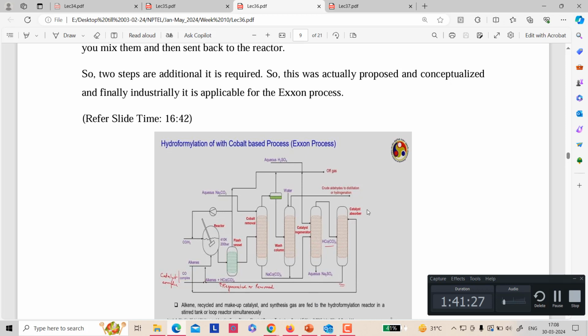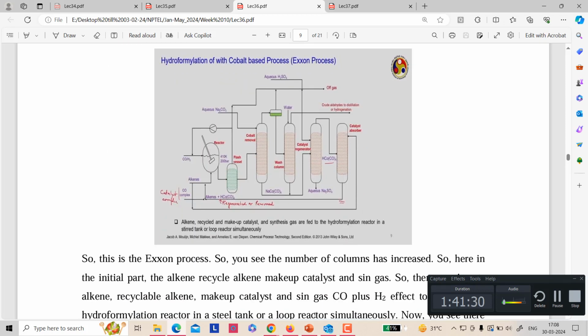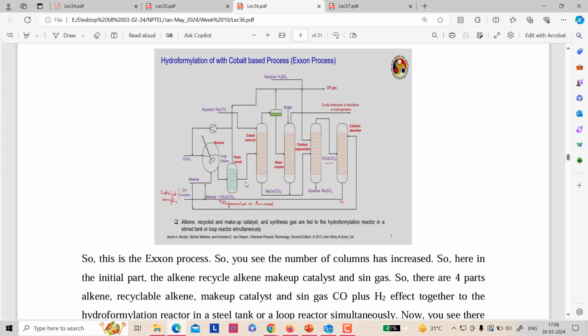So you can see that here alkenes, that is propene, and catalyst complex and syngas are coming to the reactor. Then it goes to the flash vessel where the gaseous part and the liquid part are separated. Then it goes into the cobalt removal, from where the catalyst complex is separated with sodium carbonate reactions followed by the sulfuric acid mixture.